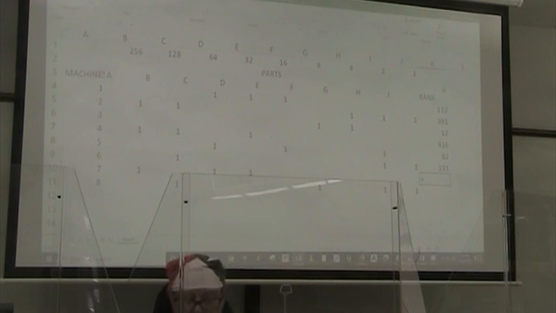For machine 7, it's a 256 plus a 64 plus a 32. And finally, machine number 8 is a 128 plus an 8 plus a 2 plus a 1.